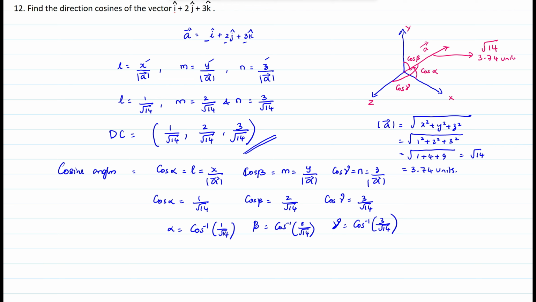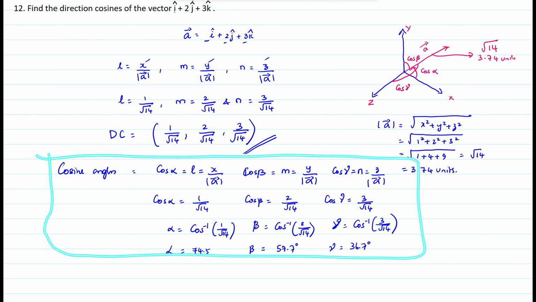If you find the values, you get alpha equal to 74.5 degrees, beta equal to 57.7 degrees, and gamma equal to 36.7 degrees. From the NCERT point of view, this particular step is not needed. If you finish until here, that is more than enough.